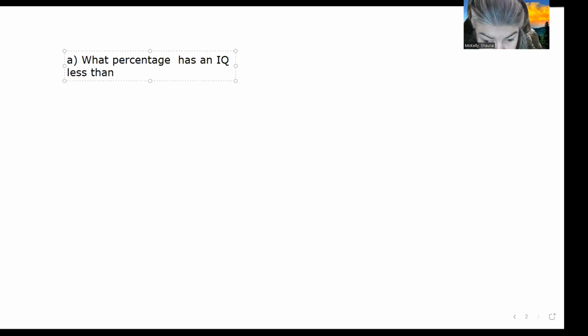So the first question that we want to answer is A. Let me use black. A is what percentage has an IQ or a score here less than 70?